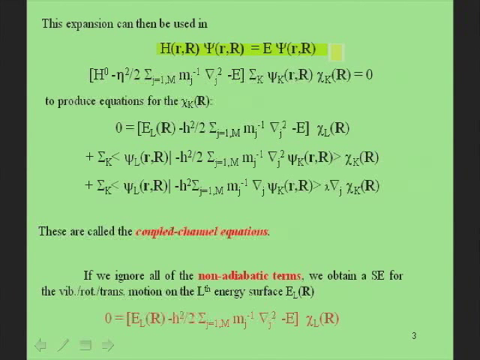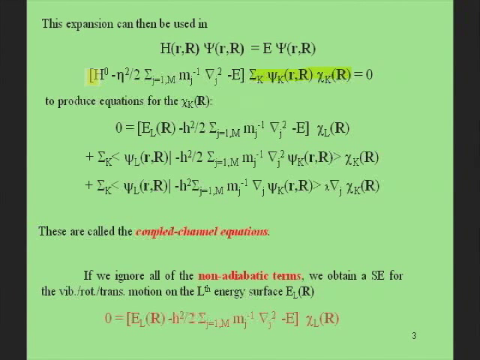Then I multiply this Schrodinger equation through on the left-hand side by one particular psi L star. In other words, I take the Lth electronic wave function, psi L star, and integrate over the positions of the electrons.